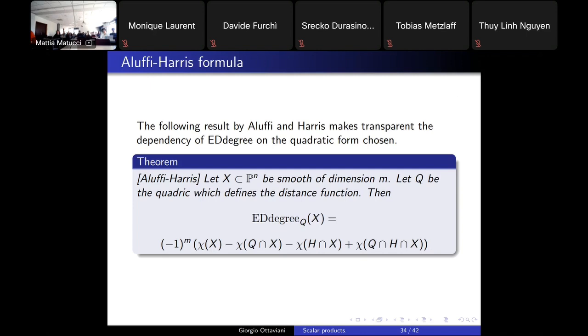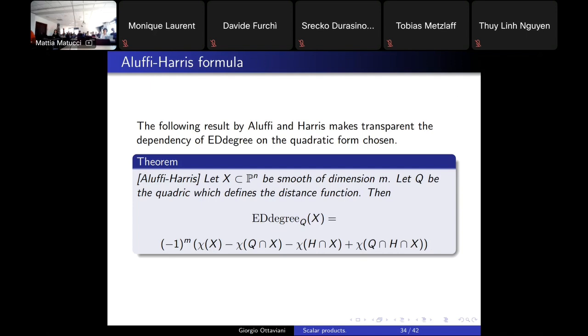So if a variety is the union of two, you can compute it as chi of the first plus chi of the second, minus chi of the intersection. Like if you count something, it is like a counting function. And indeed, if you apply it here, you get exactly this result.